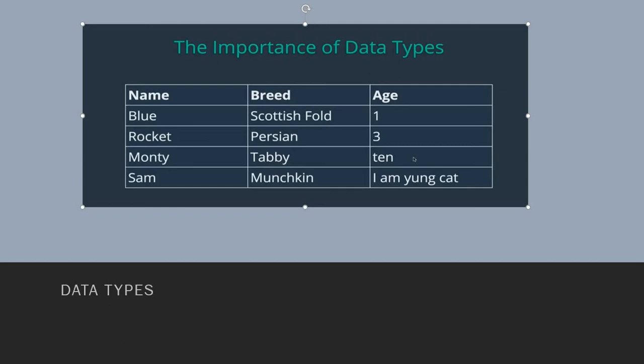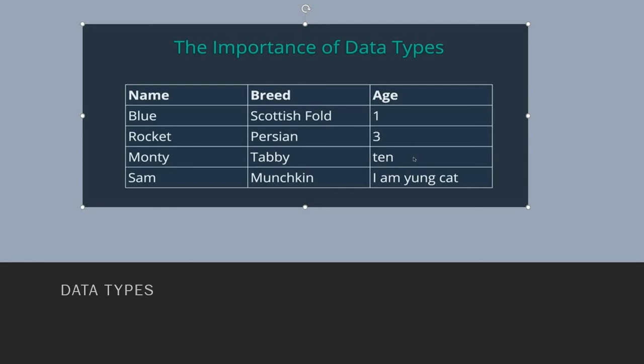So what I am trying to illustrate here is that we have inconsistent data. This is all text, and here we have got numbers mixed with text, and that is not good, and it's actually not allowed in a database at all.